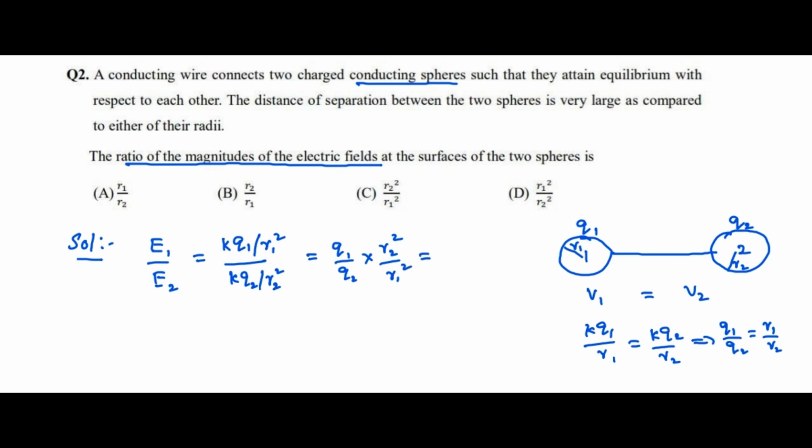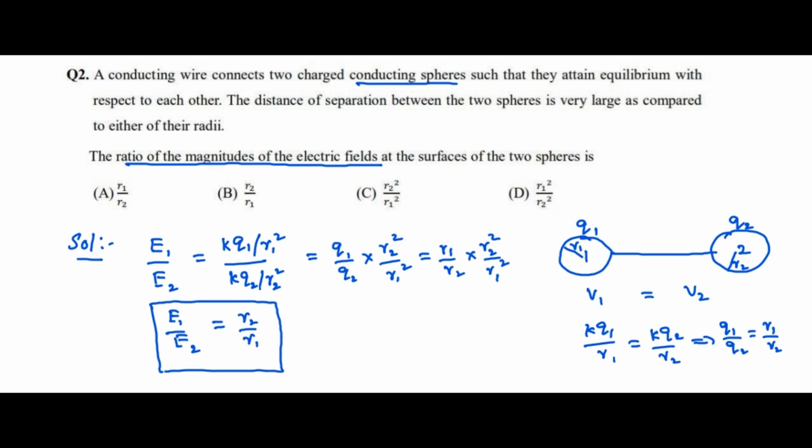Q1 by Q2 is nothing but R1 by R2, times R2 square divided by R1 square. So this value will be R2 divided by R1. Therefore, E1 divided by E2 is equal to R2 divided by R1. That means the electric field is inversely proportional to the radius. So according to this, our option is B.